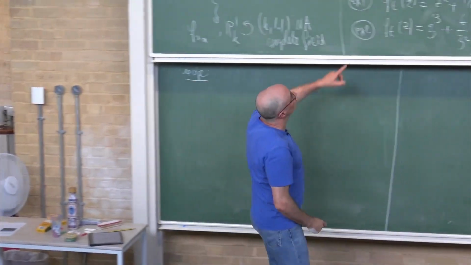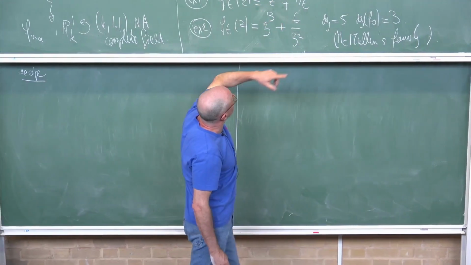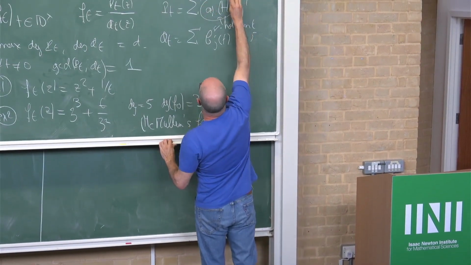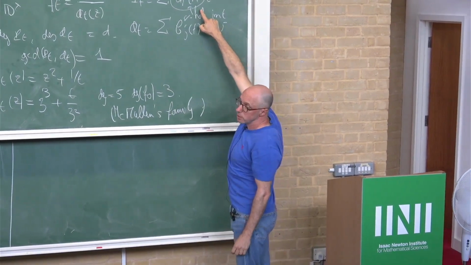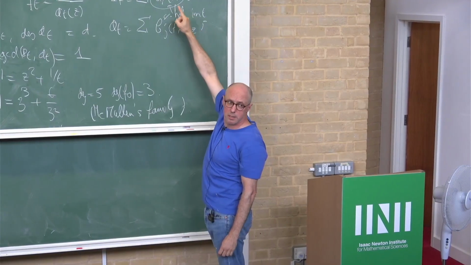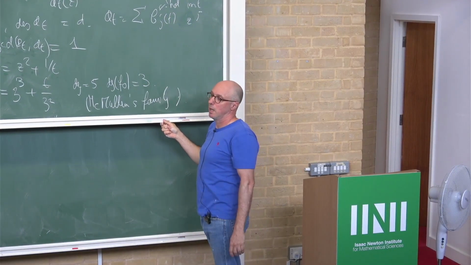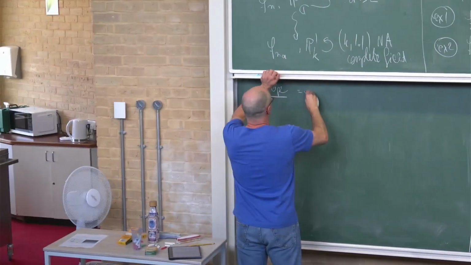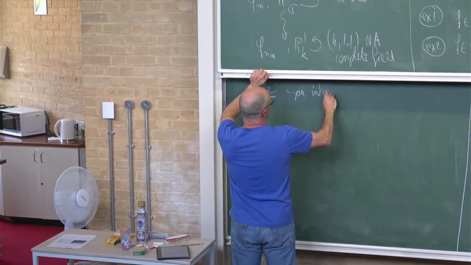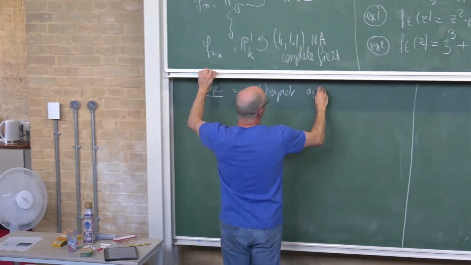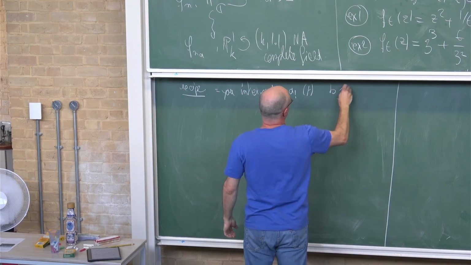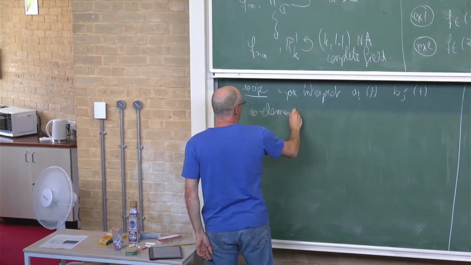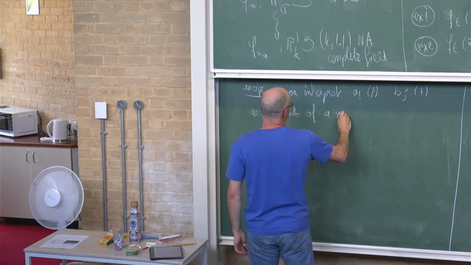Ft is P of T over Q of T, and what you're going to do is interpret the coefficients Ai of T and Bj of T as elements of a new ring and a new field.